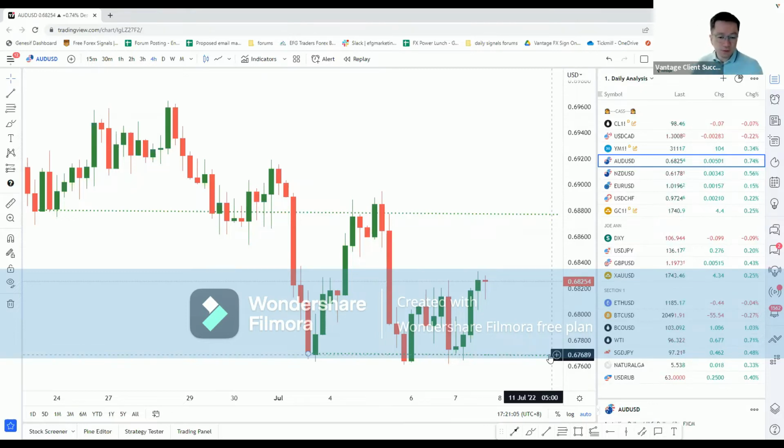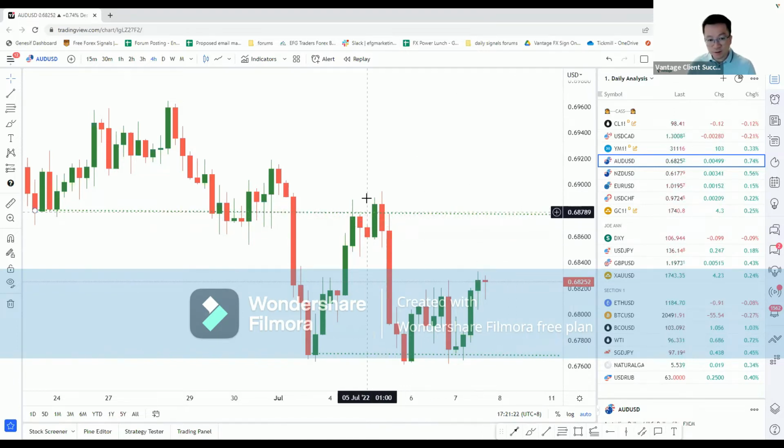So there are two ways of looking at the Aussie dollar here on the H4 time frame. It's either going to sit across and turn down, with not a lot of downside potential, or it could push higher towards that 0.6880 level, reject that resistance, a bit of a repeat of what happened here on the 5th of July, and turn back down towards the downside.